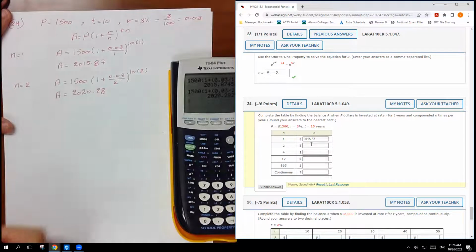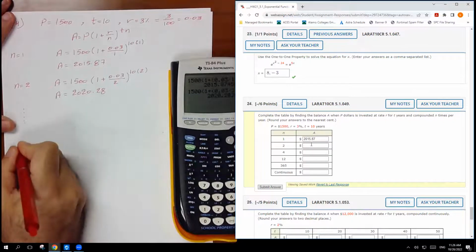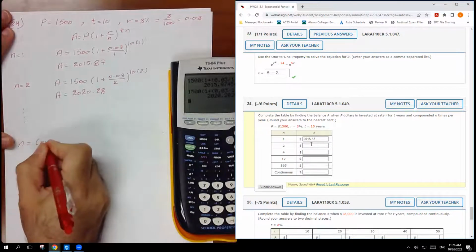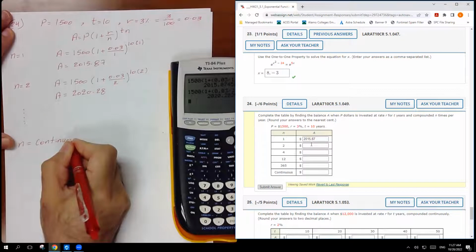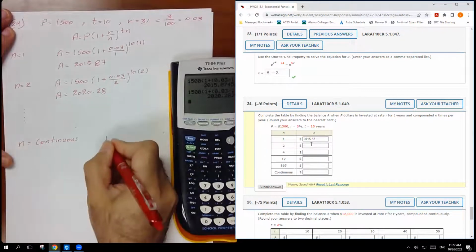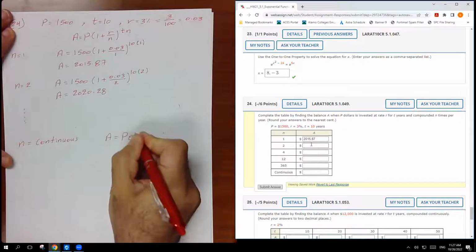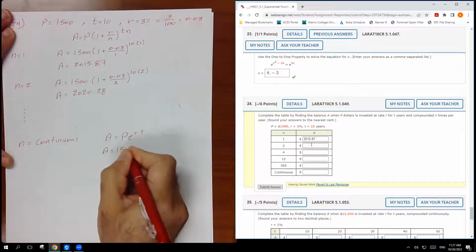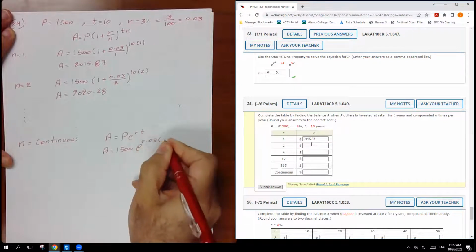The same thing when n equals 4, 12, and 365. You're going to do the same thing here. But when it's continuous, that means you're going to use the formula A equals P e to the rt. That means A is going to be equal to P, which is the principal, times e to the rate 0.03 times t, which is 10.